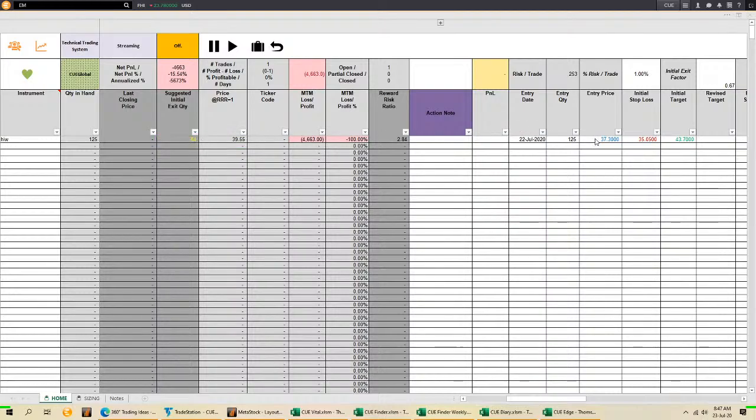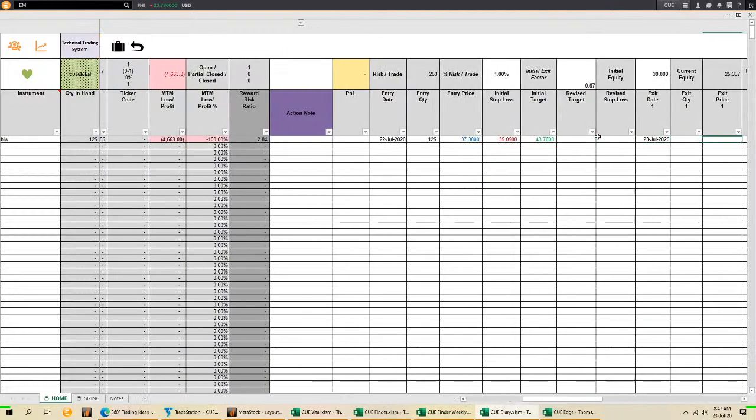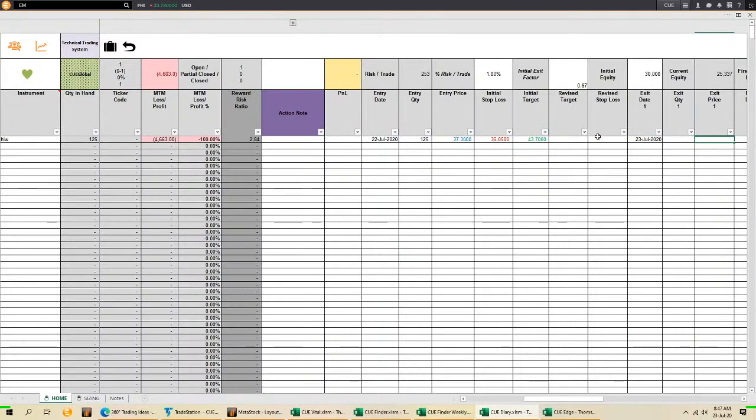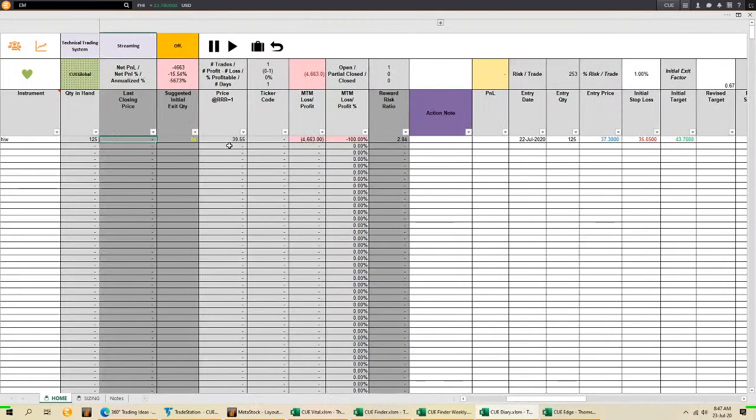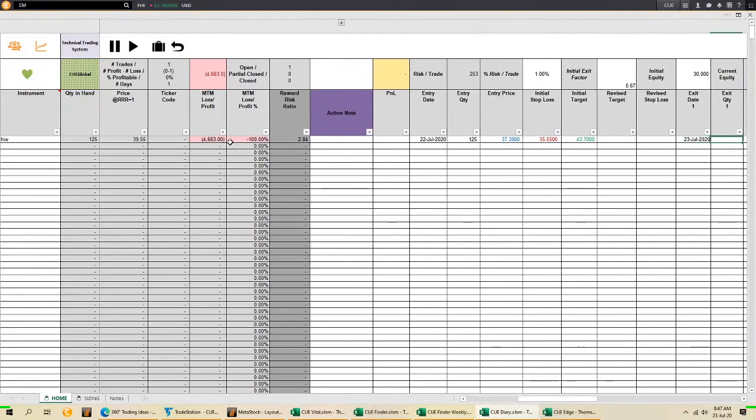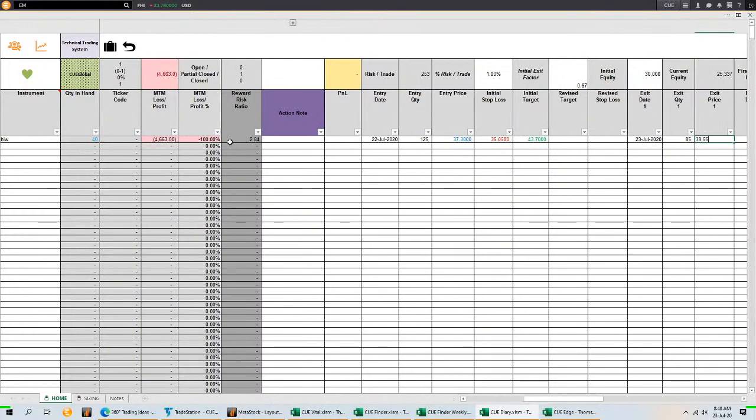So I try to follow that number. 84 is not a round number, so I may close 85 at 39.55. Let's say exit quantity 85 at 39.55.